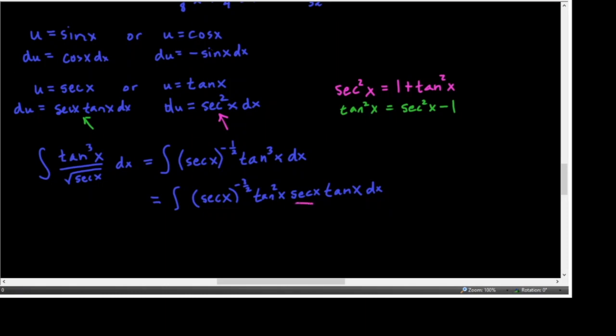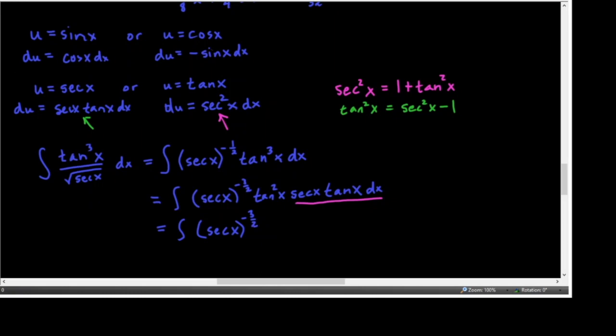That's all of this. And keeping in mind that my u is secant of x, the secant of x to the negative 3/2 is just fine. But I have to get rid of that tangent squared and rewrite that all in terms of secants. So this secant of x to the negative 3/2 is good, as is.